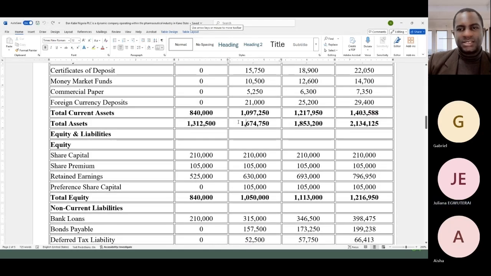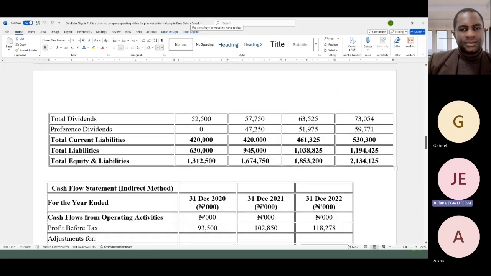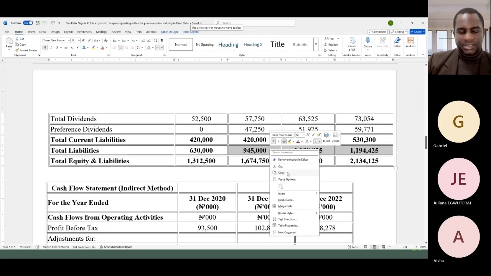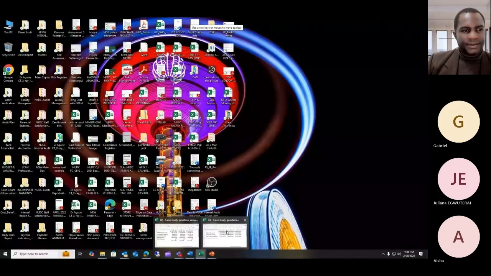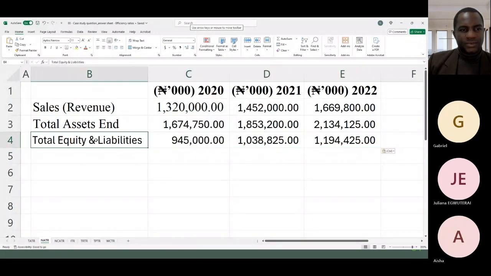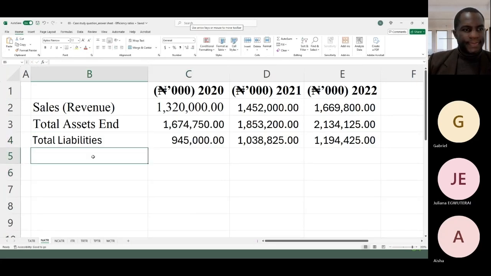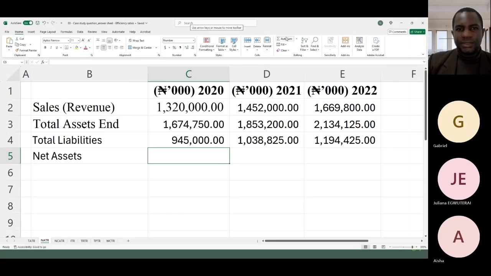So total assets, we have this. Then total liabilities, we have this. I went and took total equity, so let me take total liabilities. Okay, I'm not supposed to take total equity and liabilities, I took the wrong figure. So net assets will be total assets minus total liabilities.